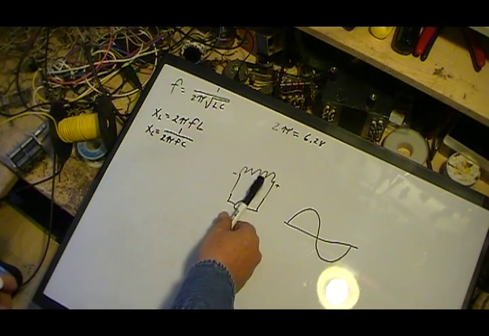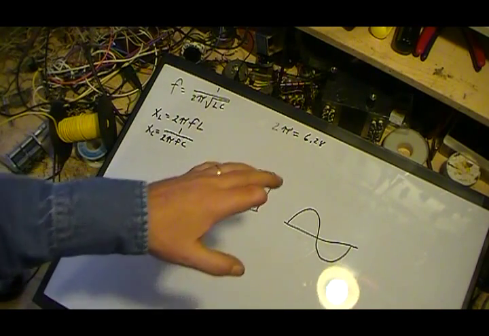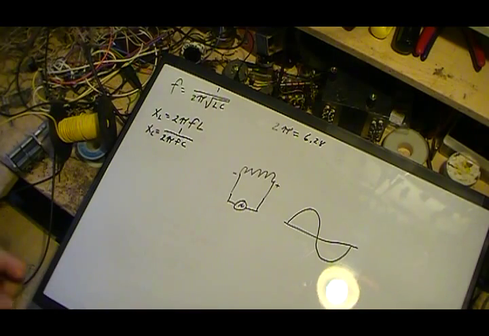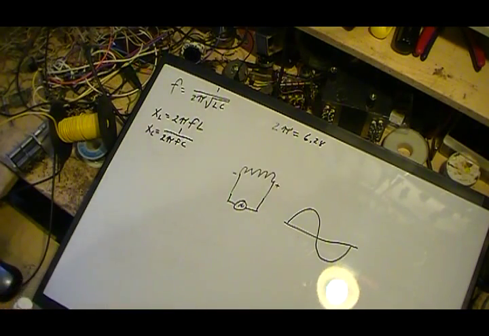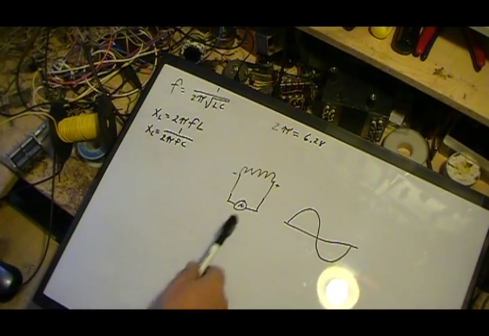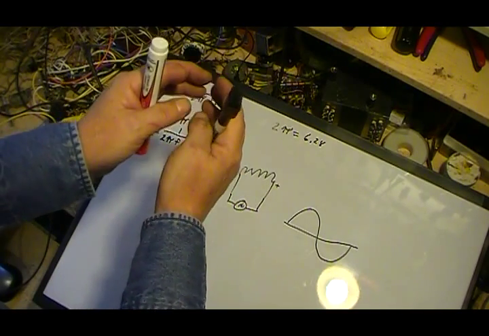Alright, well, what that does, the coil starts building a magnetic field. Now, I guess I said something about left hand, right hand rules, but anyway, due to those rules, as it starts building a magnetic field, that magnetic field is expanding.